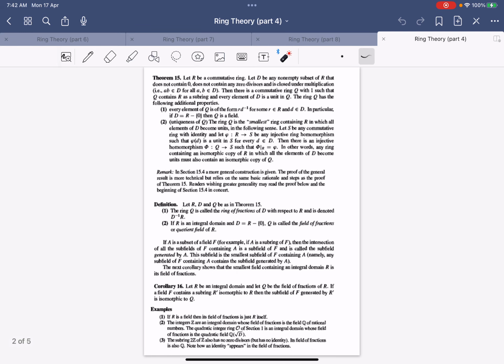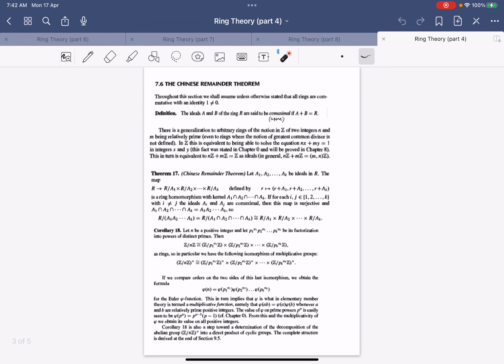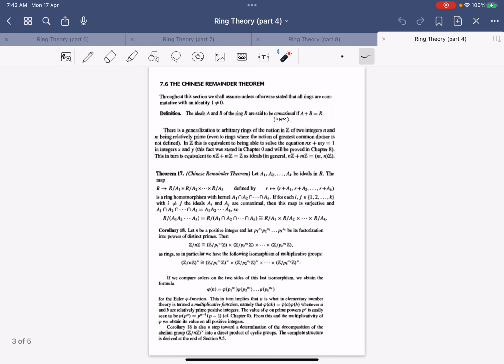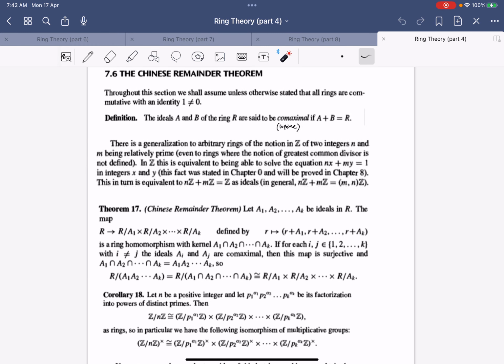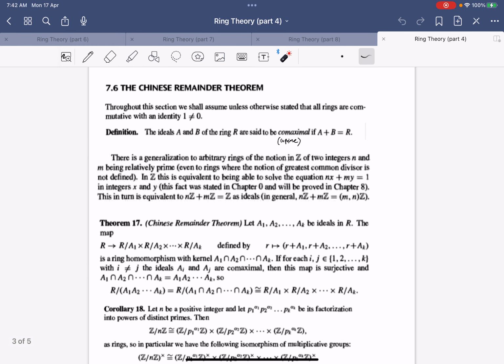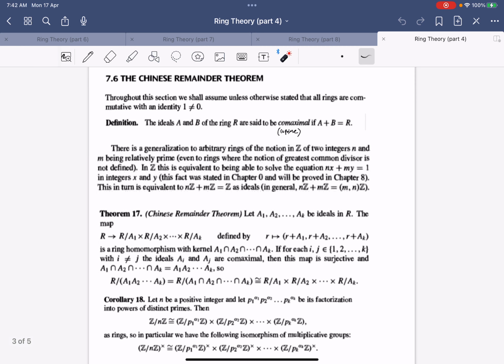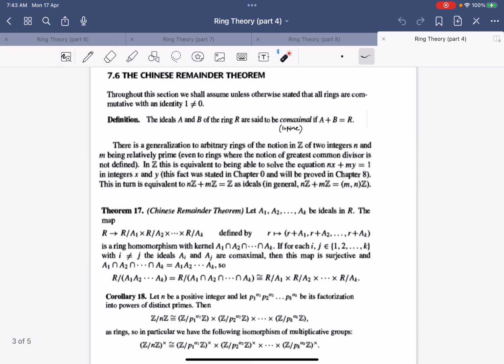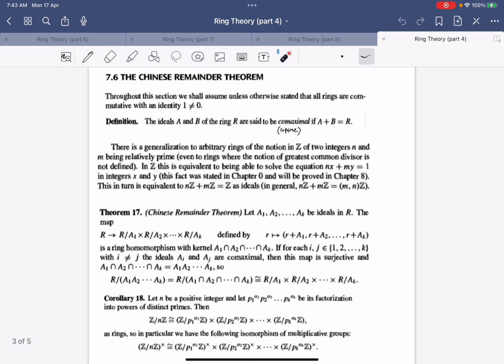And so the last part, we'll just talk about the Chinese remainder theorem to wrap up this section before moving on to Euclidean domains in the next video. For the Chinese remainder theorem, first we need to define what coprime ideals mean.